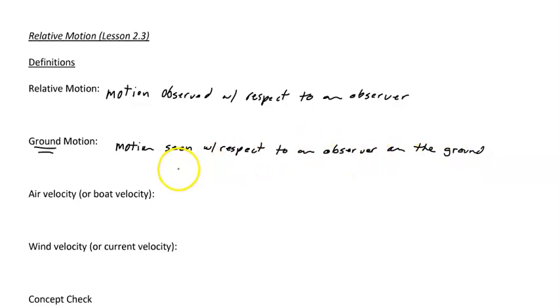So typically, an observer on the ground is watching something. Now, if it's on the ground, it tends to be only that one vector that we're dealing with.